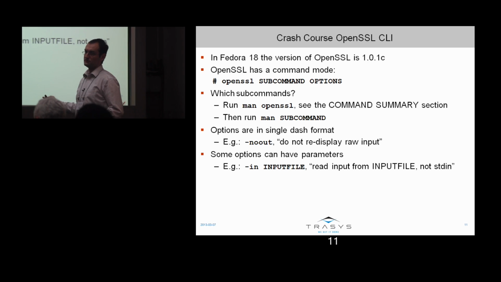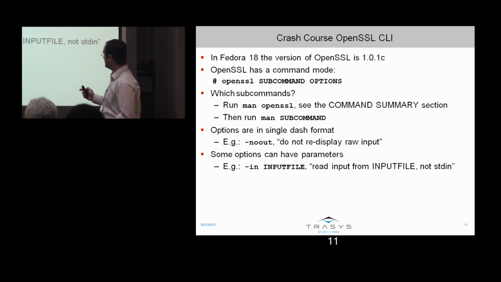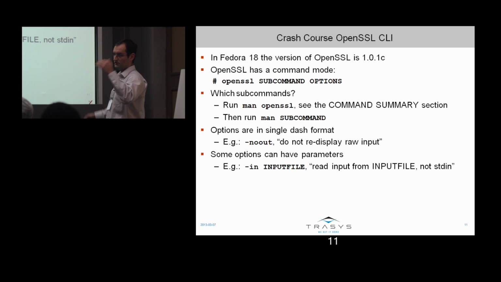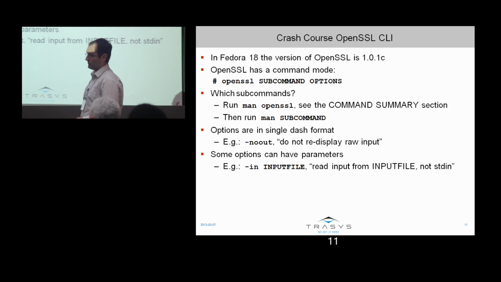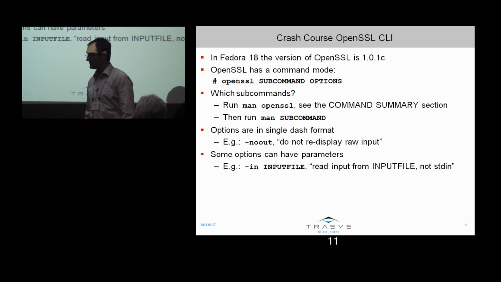So OpenSSL does its work through subcommands. If you run man openssl, there's a command summary section, and there you will see a whole bunch of commands that are available. And if you want to get into more detail about one of the subcommands, you type man subcommand.